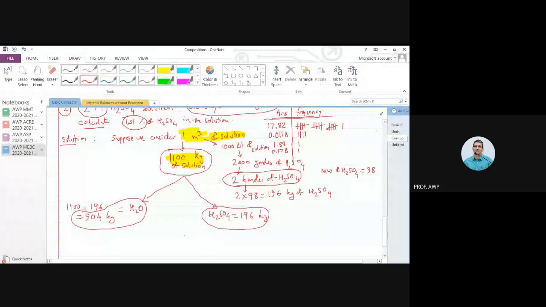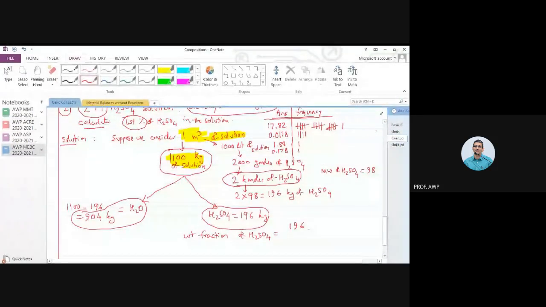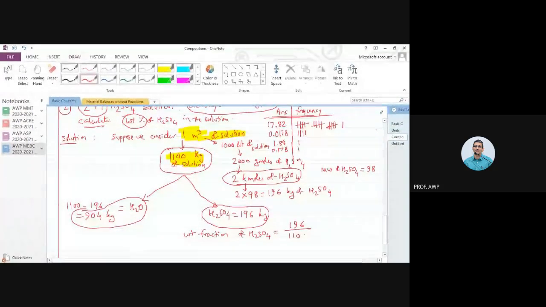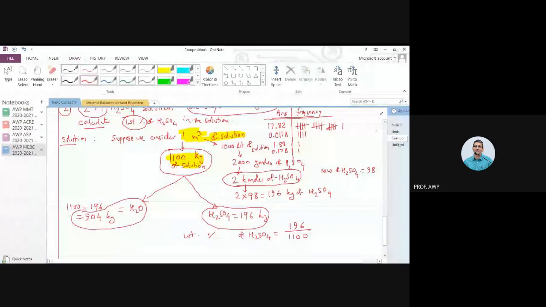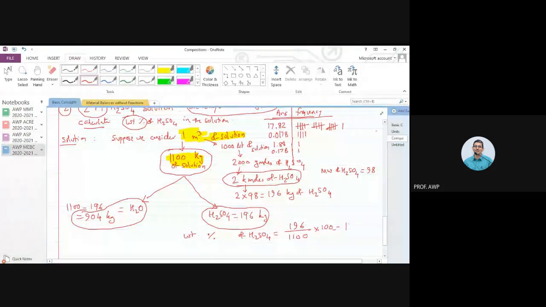What is the weight fraction of H2SO4? The weight fraction of H2SO4 is 196 divided by 1100. What is the weight percent of H2SO4? Multiply that by 100. So 196 divided by 1100 into 100 would be 17.82%.